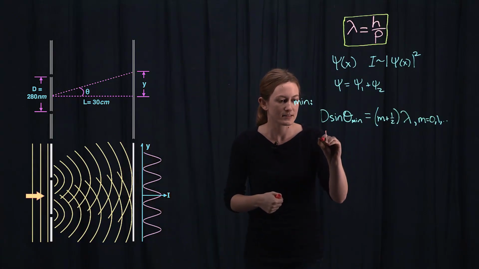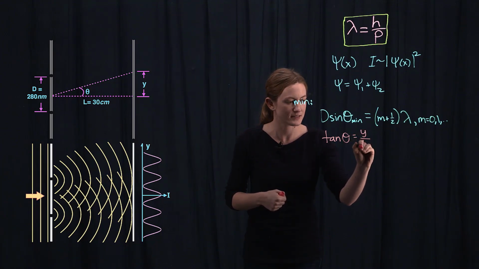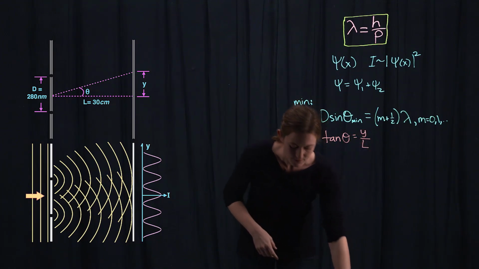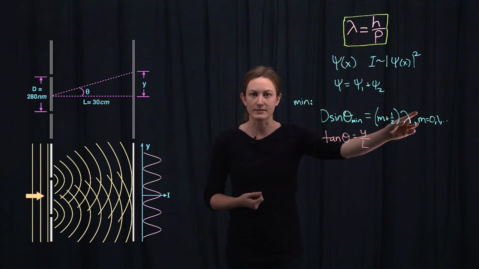And this is tangent theta equals y over L. Okay, so now we need to compute the wavelength that appears in this formula.